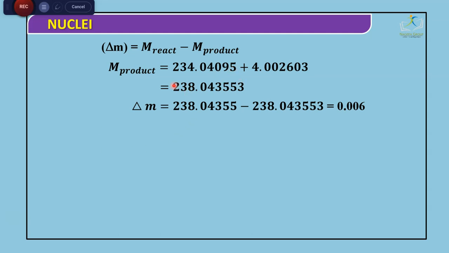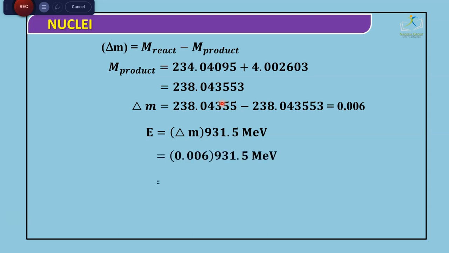Students, we simply subtracted the product mass from the reactant mass. So that gives 0.006, and I'll put this value in delta M c squared, where c squared is 931.4 or 931.5 MeV. The answer we receive is 5.589 MeV, which is option 3. I hope you understand.